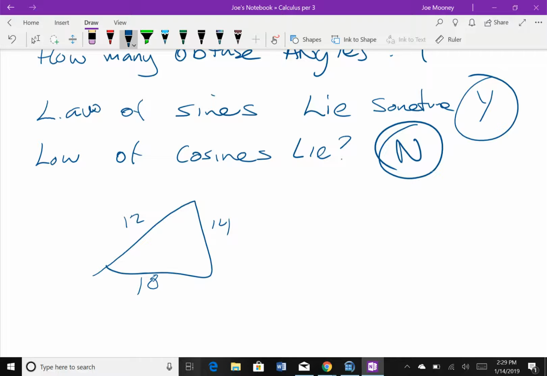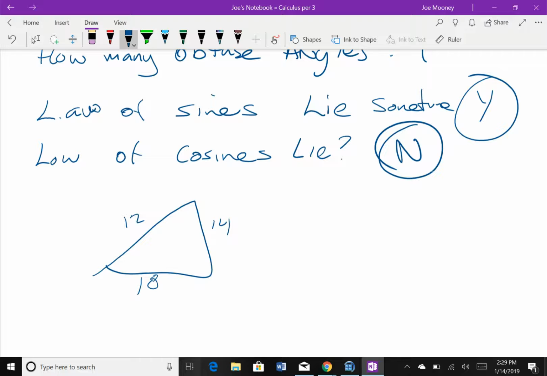All you have to do is find the angle opposite the largest side. Is that too hard to remember? Angle opposite the largest side. That's all you have to do. Then you won't get lied to. And then do law of cosines and 180 minus, and you'll be just fine. Okay? So let's do it and then finish the day up.